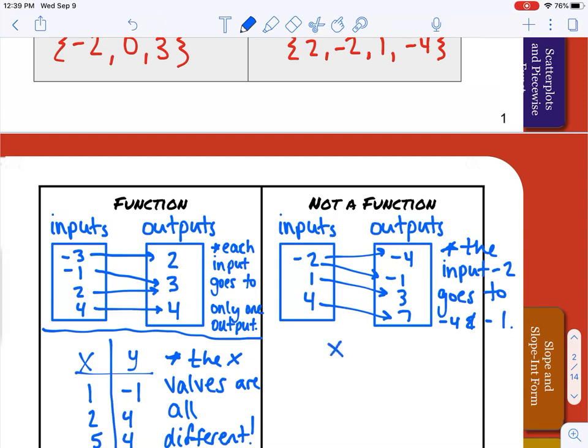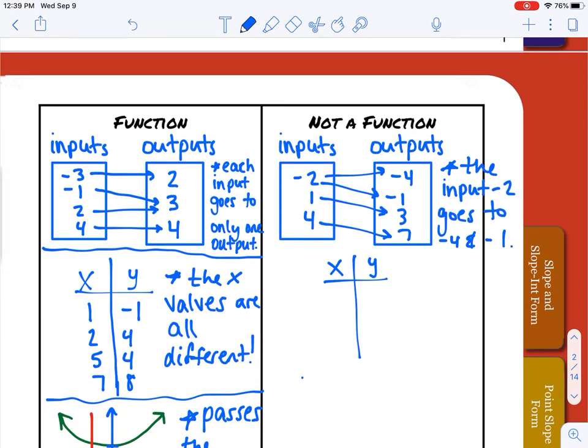For our x, y table, we have the values 1, -1, 3, 7, 3, 4, and 5, 9. This one is not a function because there are 2 3s as x values.